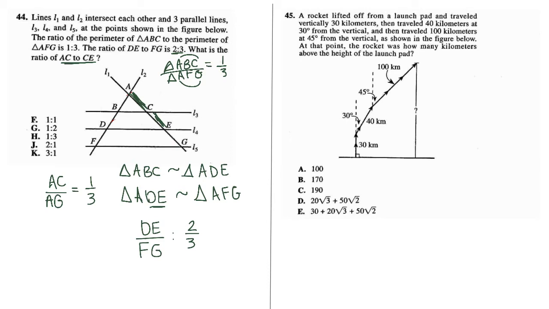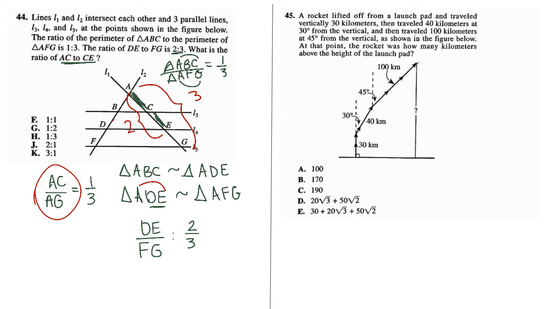So let's think about these side lengths, because again, I'm trying to prove something about AC to CE. Well, let's go back and keep in mind what we know based on some of these new given things. Well, DE to FG, well, we know AG, that measure is 3, to, let's say, AE, that's going to be 2.